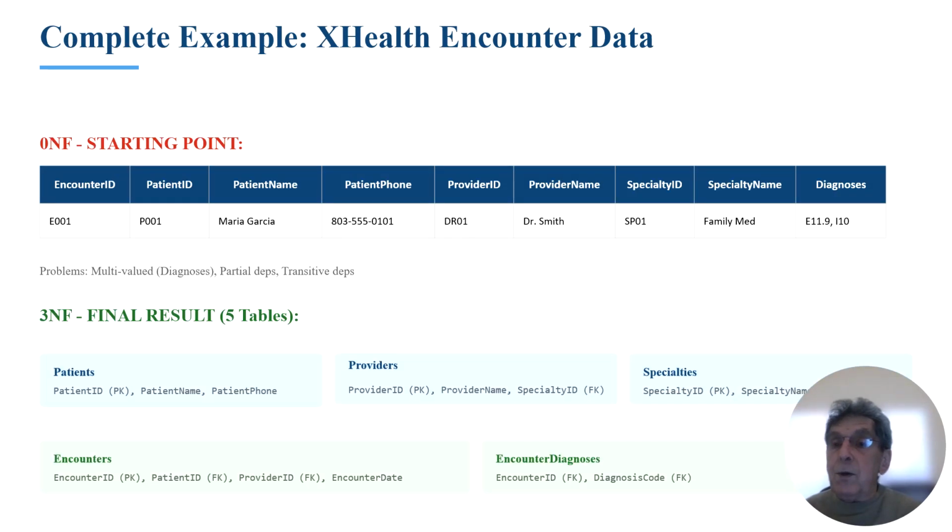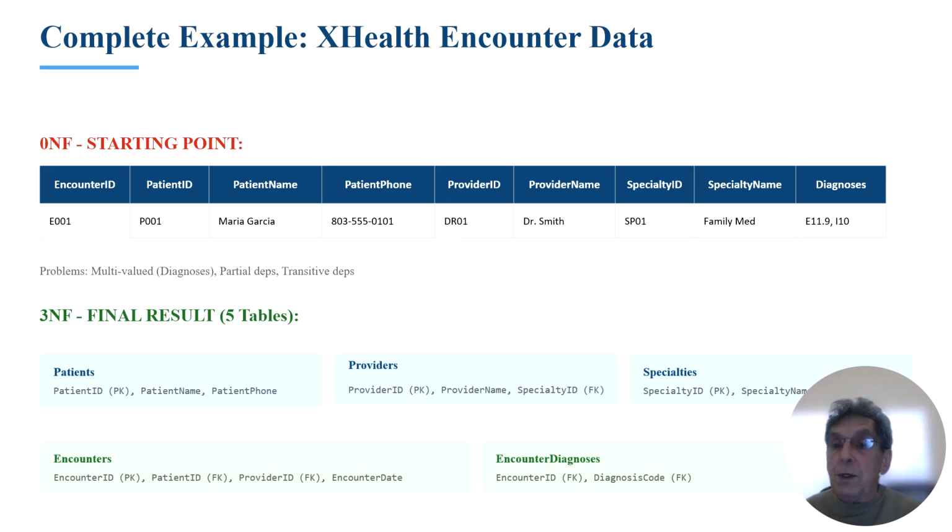So let's put it all together with a complete example. We'll take a badly designed X-Health encounter table and normalize it step by step. Here's our starting point, a single unnormalized table with everything crammed in. Patient demographics, provider information, specialty details, diagnoses, all in one row.